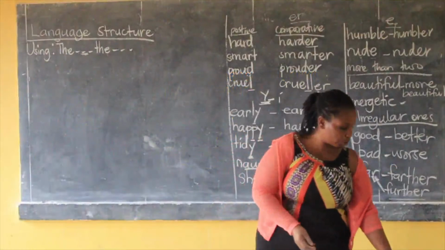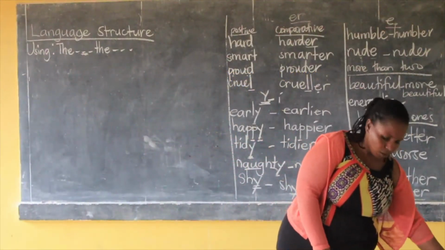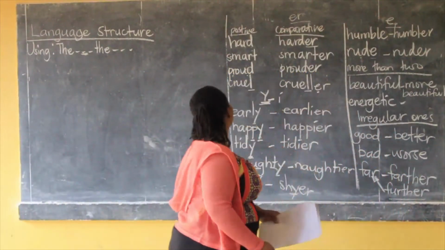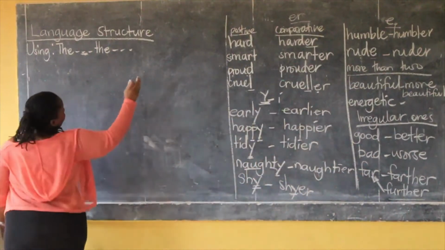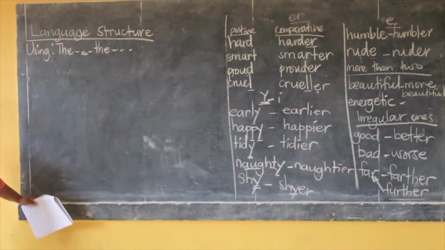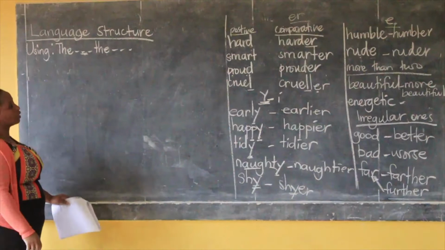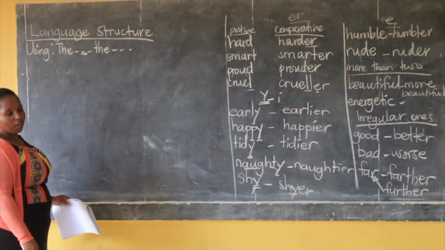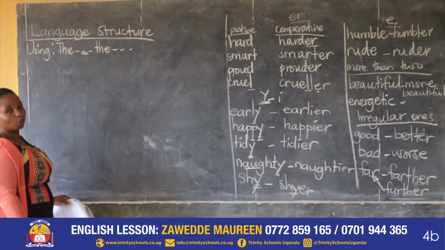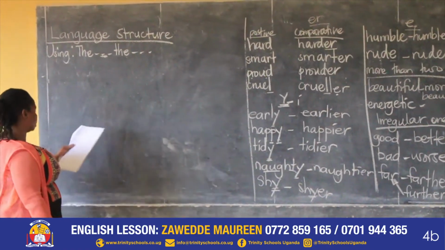We are going to use this structure using our comparative. I said that I am interested in adjectives and adverbs, but I'm going to be keener on adjectives.